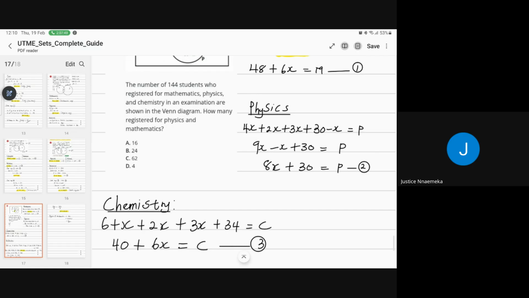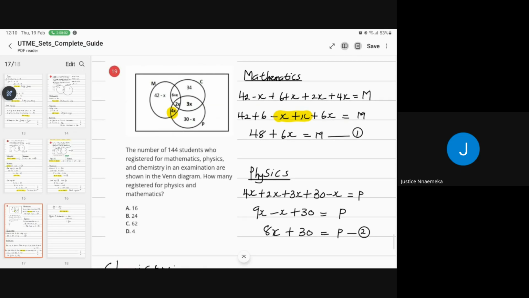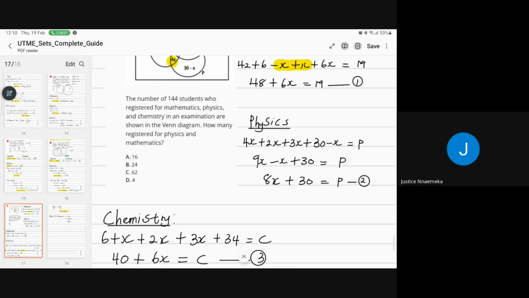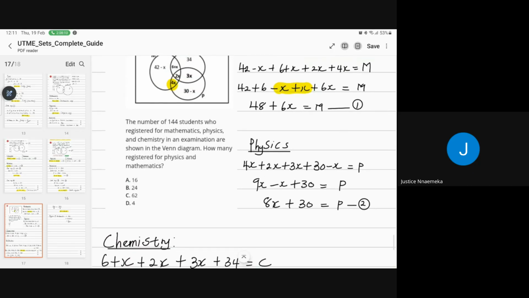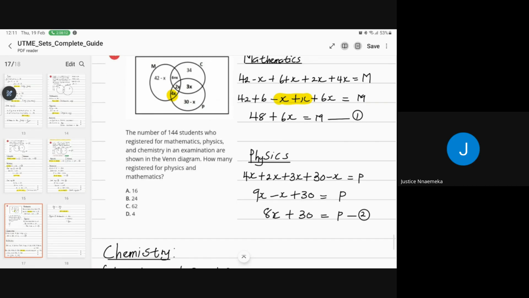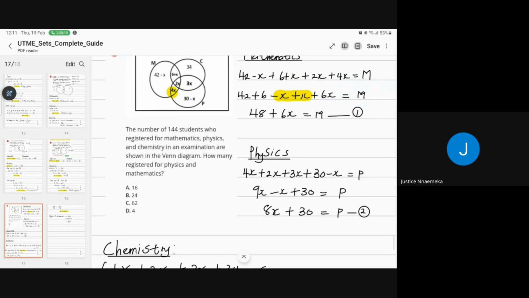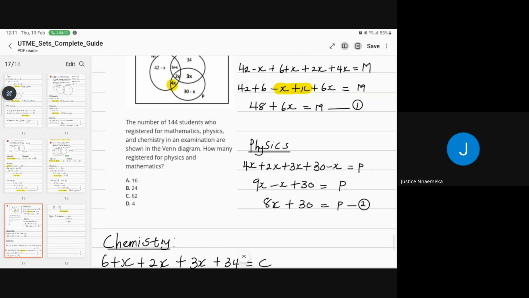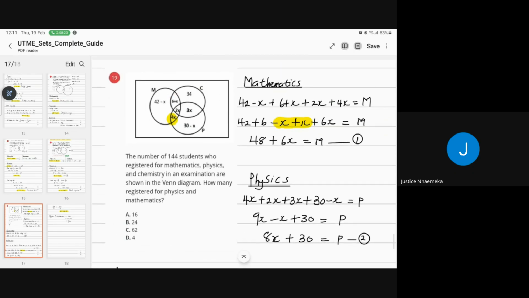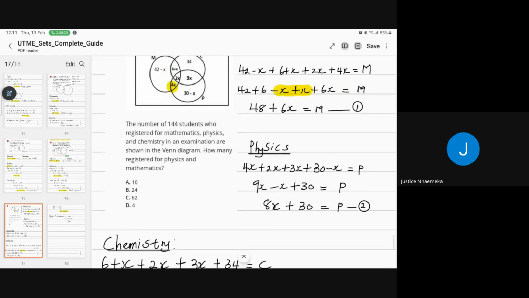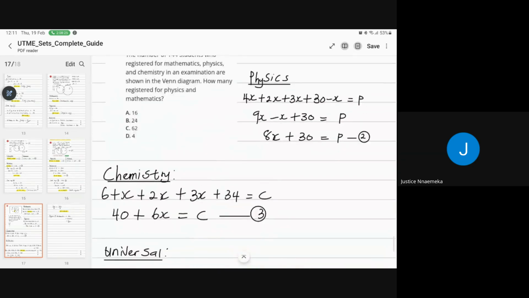Okay, let me look at it again. They said how many registered for physics and mathematics. So the column for physics and mathematics is not 4x. All we need to do is to find the value of x. So universal is 42 minus x plus 6 plus x plus 2x plus 4x plus 3x plus 34 plus 30 minus x.